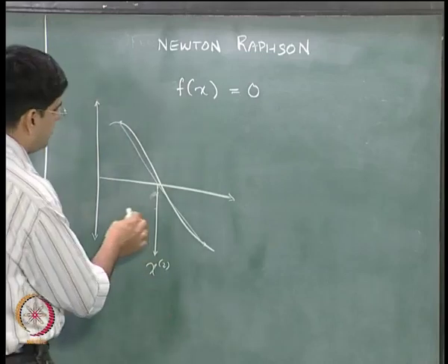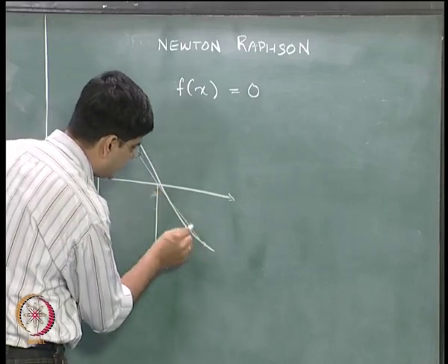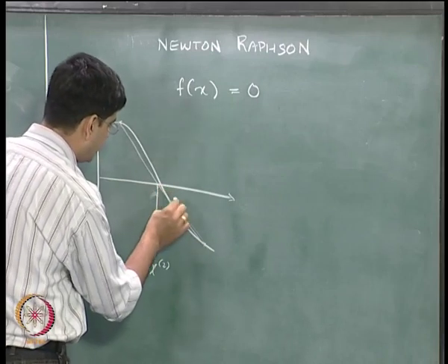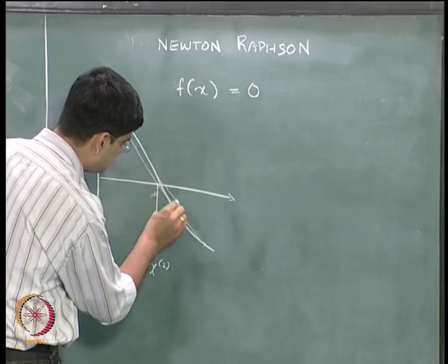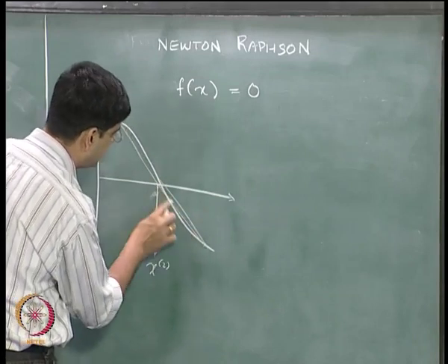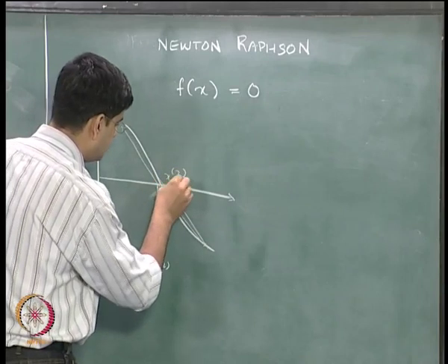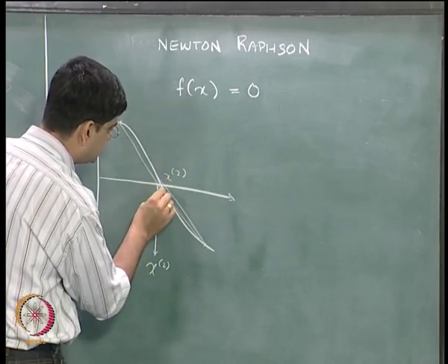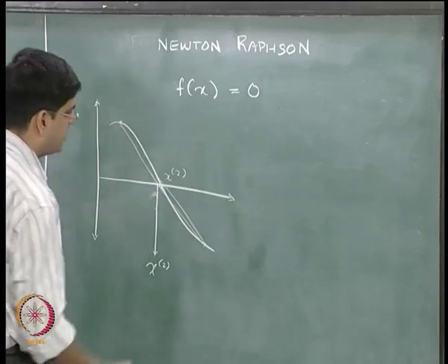Then x2 and x1 we connected with a straight line, and this became our x3. Then x3 and x2 we connected with a straight line, and this became our x4.